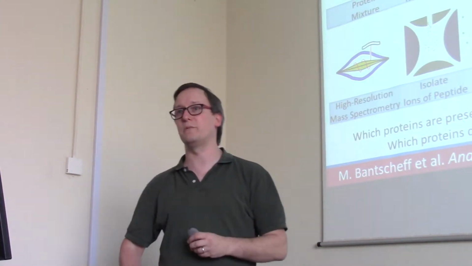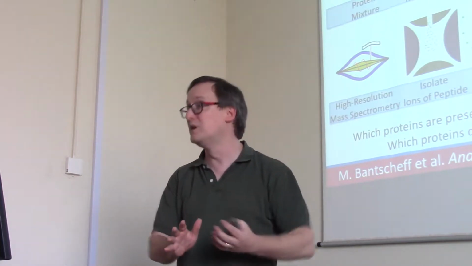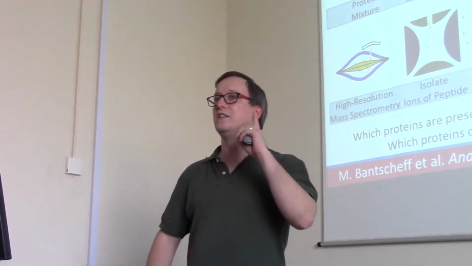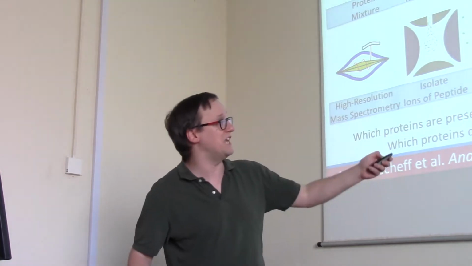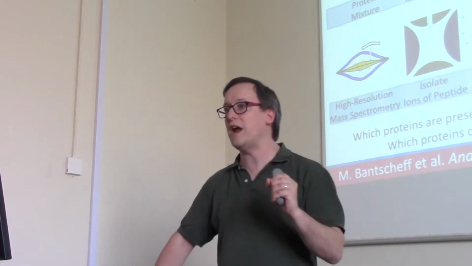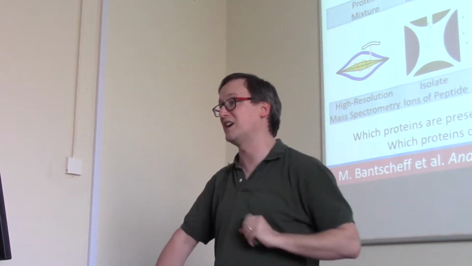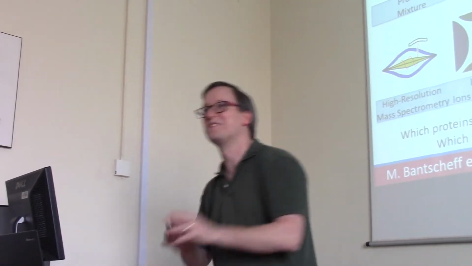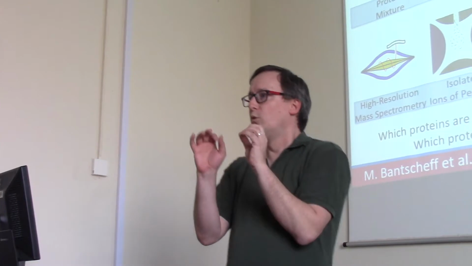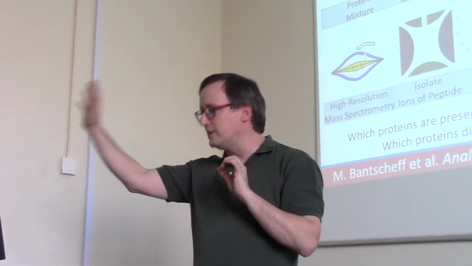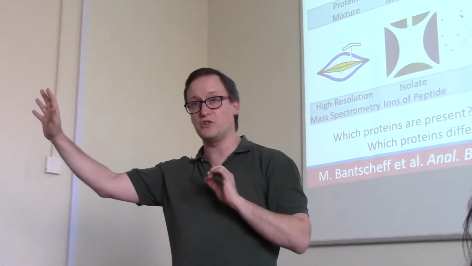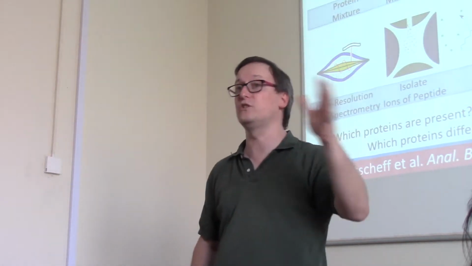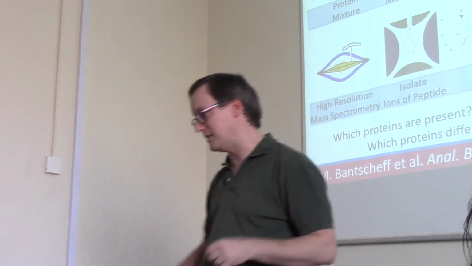So tandem mass spectrometry also produces a mass spectrum, but in this case, the ions that you measure in your tandem mass spectrum are the fragments of a particular peptide. Except in some new methods that you're doing, but that's your project. So we have a mass spectrum that shows us the list of peptide ions that we can measure. We have a collection of tandem mass spectra that represent the fragments of an exploded peptide.